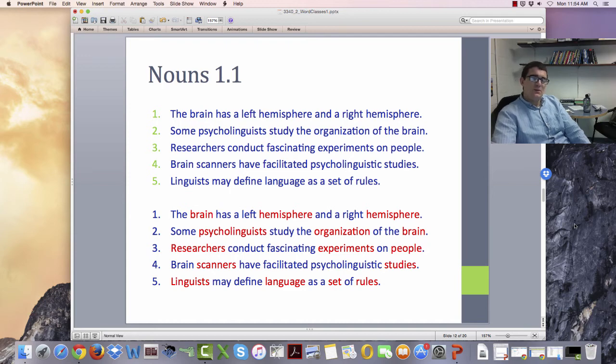So again, here we see the importance of these tests. We see that words have different functions. Certainly we know that brain is sometimes a noun, but in number 4 it's not. It's an adjective. Also with studies, we know that studies is sometimes a verb. She studies in the library. However, in this example, studies is a noun.